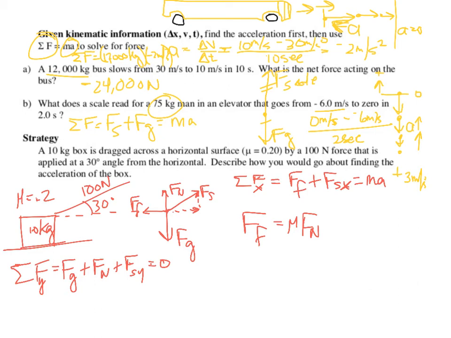I suppose you probably want me to do that. All right, I'm not going to go through the trig. I'm just going to tell you that Fsx is 86.6 newtons.